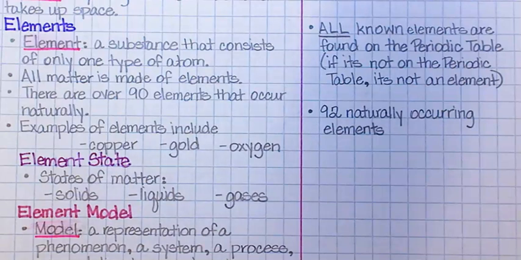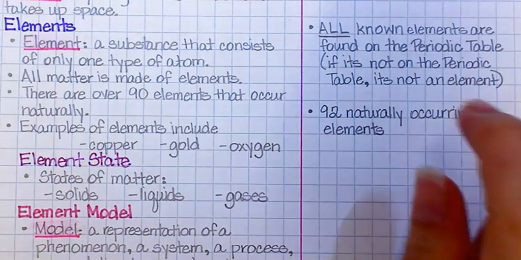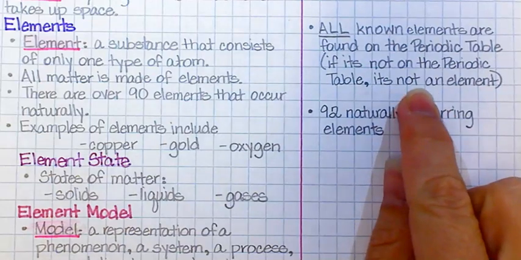Hydrogen consists of all hydrogen atoms, etc. And those particular things have certain qualities like its number of protons and things like that. But anyway, if it's an element, you can find it on the periodic table, and it's got a little box with its atomic number and its name and its chemical symbol, that kind of thing. Okay? So, elements are found on the periodic table.